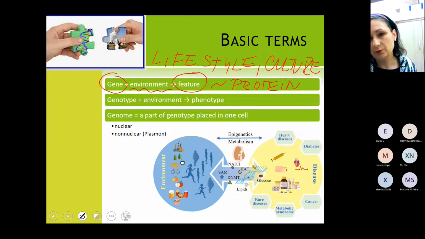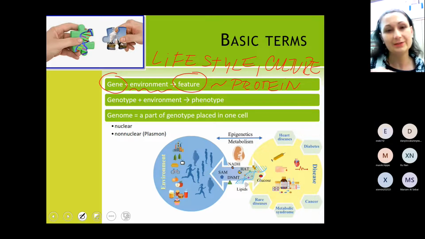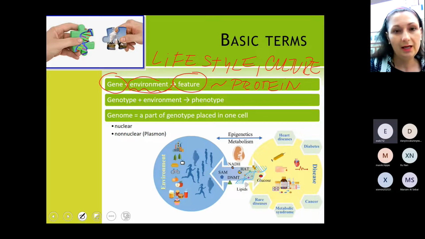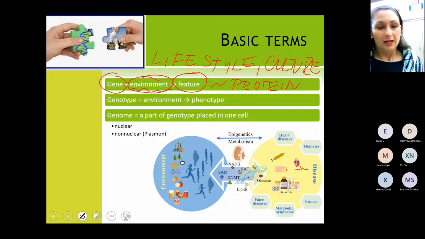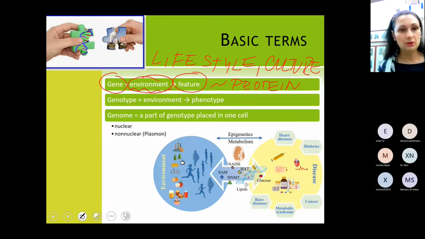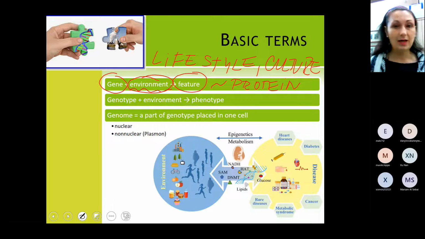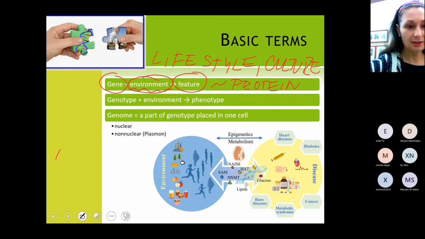What is the most important in this case, that they are not strictly dominant or strictly recessive? And the environment. Yes, definitely. Maybe you know something about epigenetics.